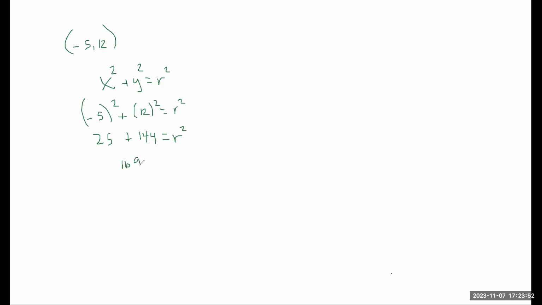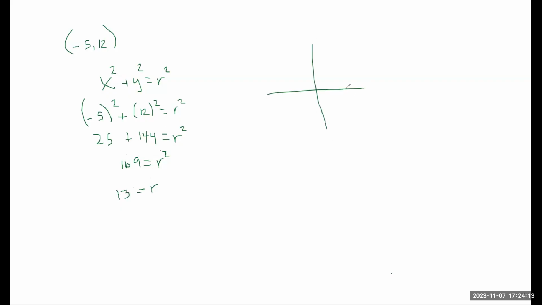R squared is 169. When I take the square root of both sides, I'm not going to put a plus or minus because I know the r, the radius of my circle, has to be positive, and I get r to be 13, just like when you had a right triangle, but we're not in a right triangle anymore. Our angle is more than 90 degrees.